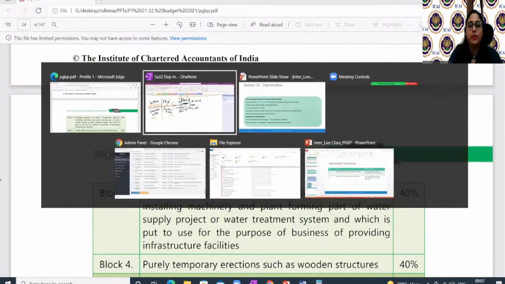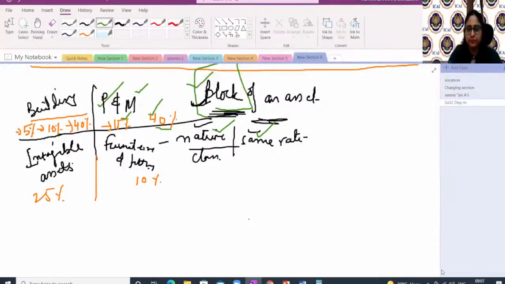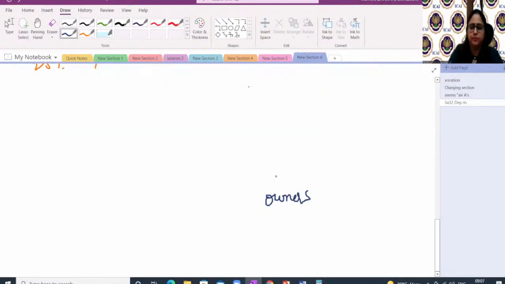As a student, one thing when I talk about buildings: I told you owners get deductions for depreciation, right?